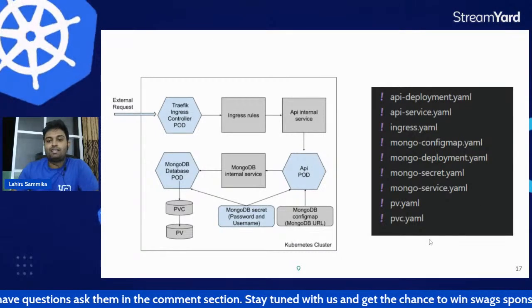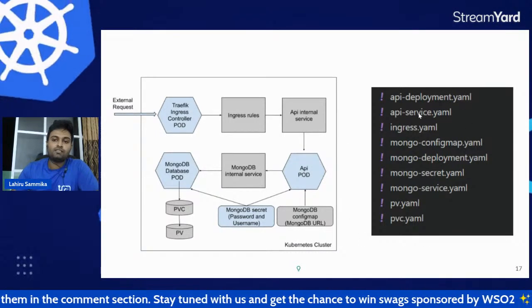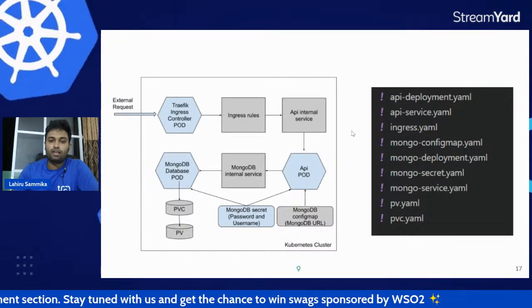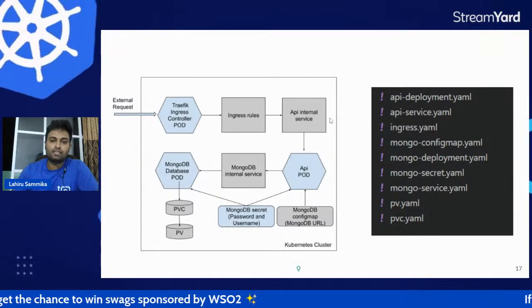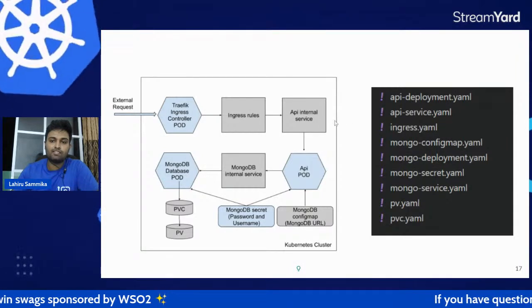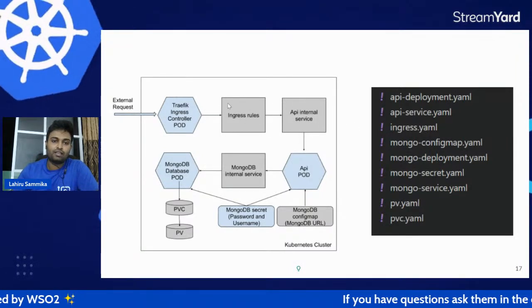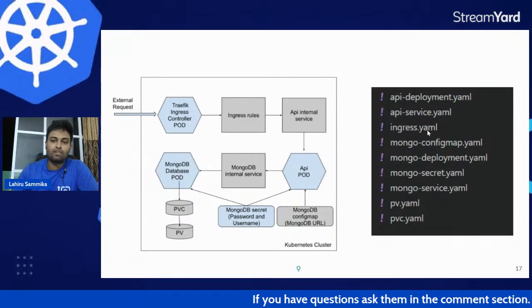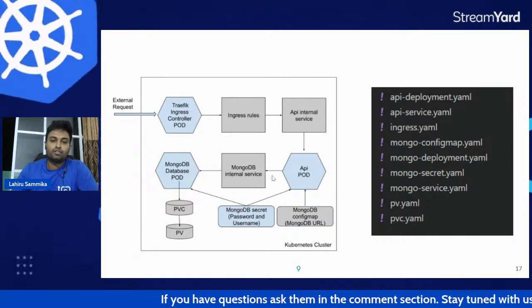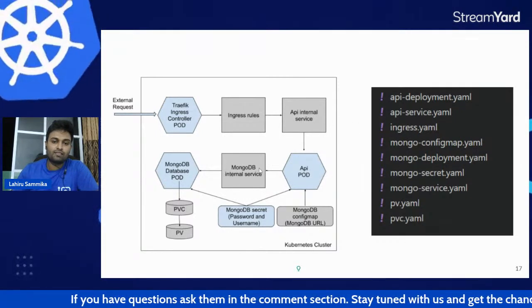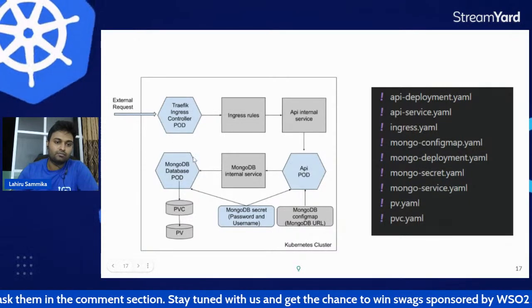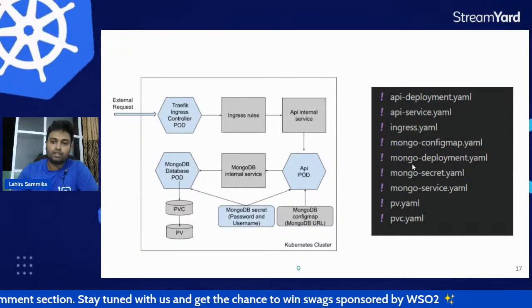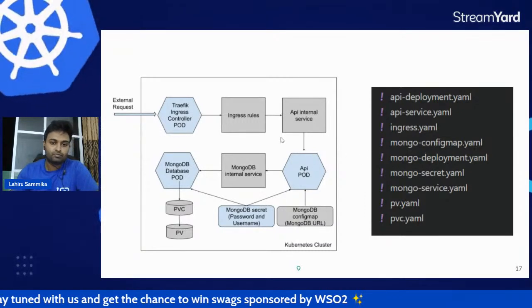So these are the files I am going to use to deploy this. For the API code, I used the API deployment file. For the API's internal service, I have used the API service file. For defining the ingress rules, I have used the ingress.yaml file. And for the MongoDB internal service, I have used the Mongo service file, and for the MongoDB pod, the Mongo deployment file is here.